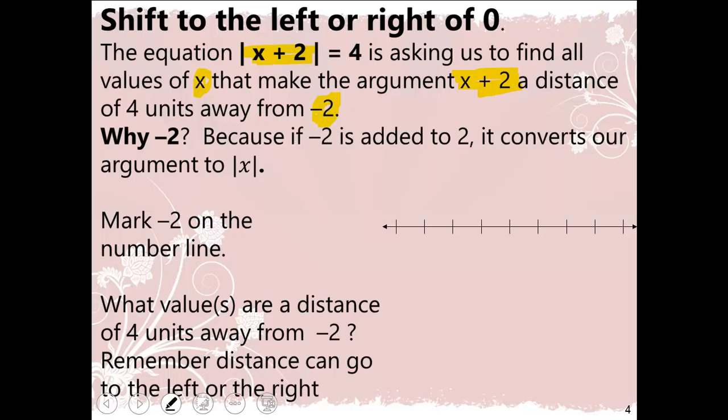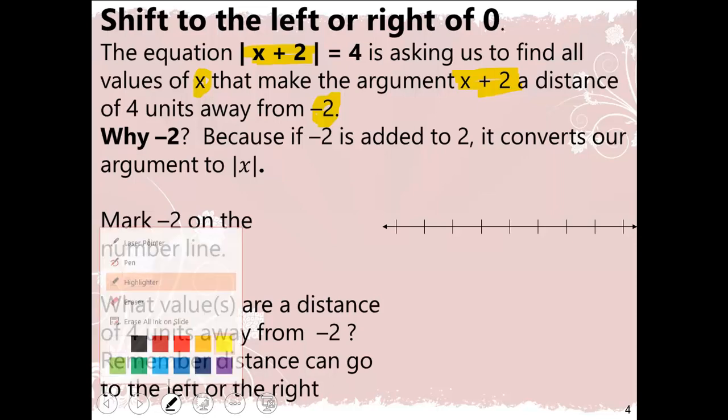Well, there's lots of ways to think about it. The first way is if you substitute -2 in there, then it gives you a value of 0, and that means that it has to center on -2. The other way to think about it is if I put a -2 in, that's what it's going to take to cancel out that 2 and leave me with just an argument of x. So that's 2 ways to think about it.